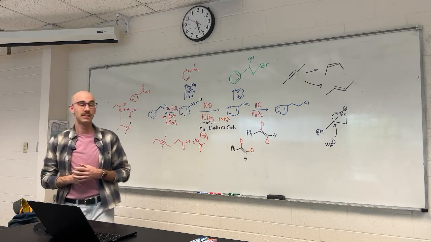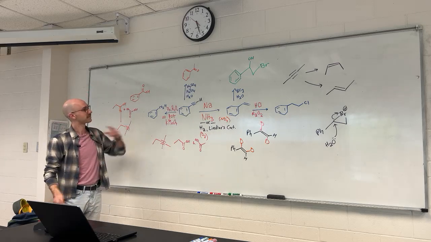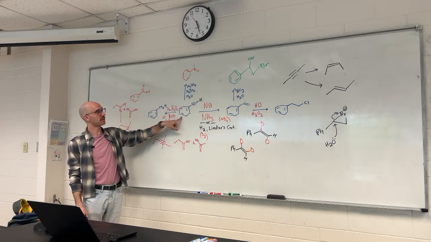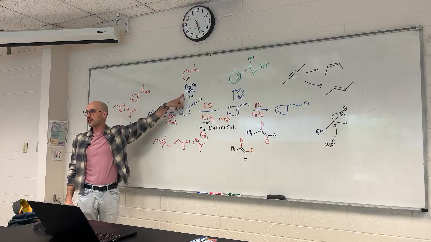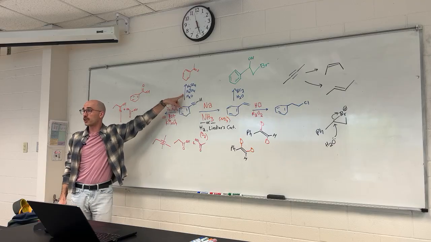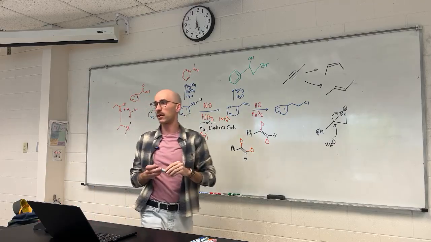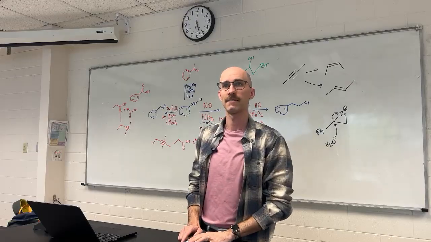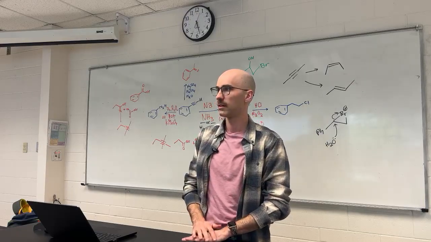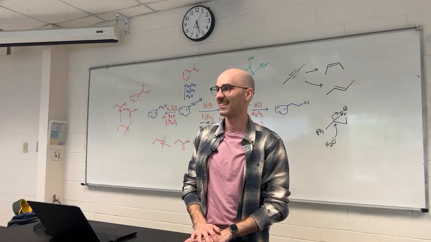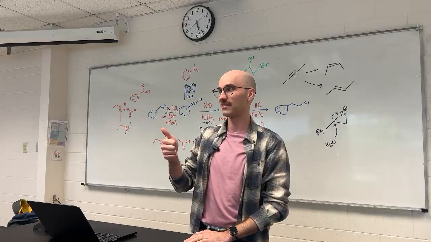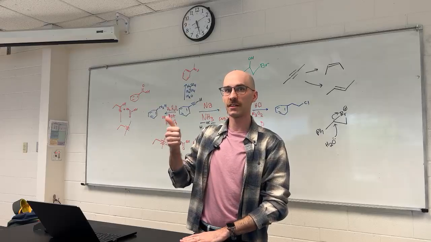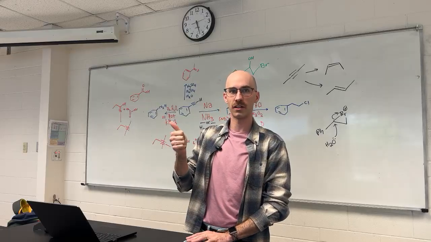Good. What was the last one? Taking the alkyne starting material. What reaction are we running by adding mercury sulfate, sulfuric acid, and water? It's hydration. And this one specifically is called oxymercuration.